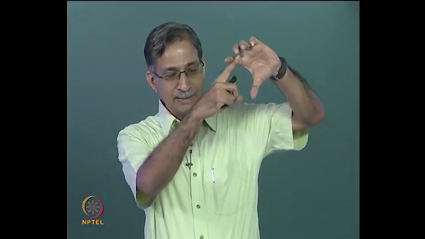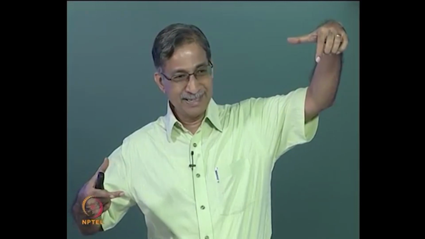The I section must have its major bending axis in the direction you are actually going to build it on the construction site. Let us say I have an I section, I can keep the major axis this way or I can keep it this way. It makes a big difference, and I must be sensitive to it.